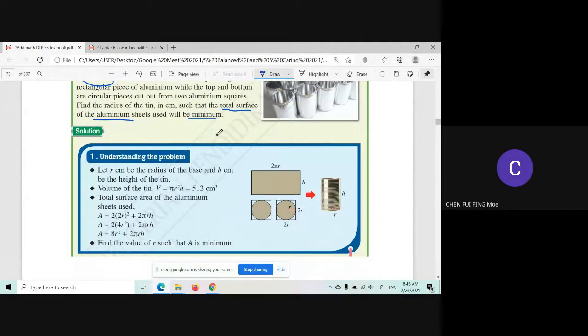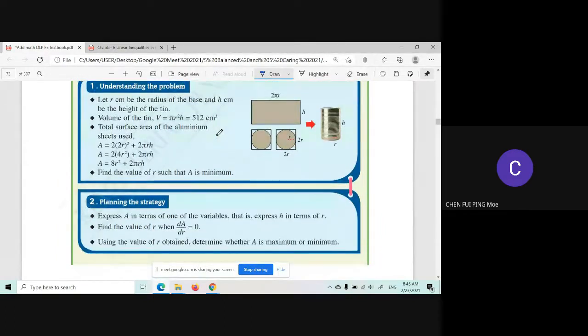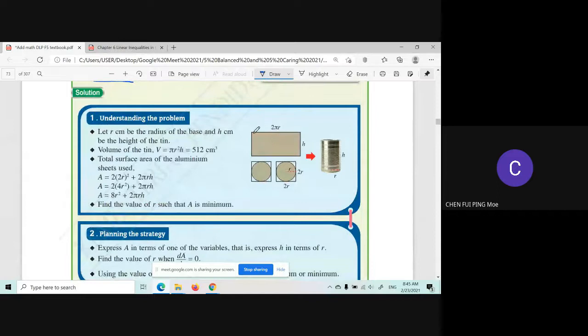At first, you need to understand the problem, what information you have. Just now, they say this aluminium tin must have a rectangular sheet of aluminium like this, and then two circles. We consider this one as height. For the rectangle, this part is the circumference of the circle, right?